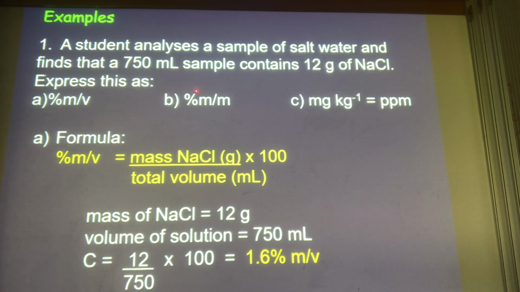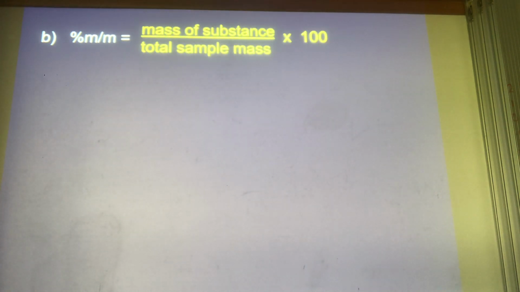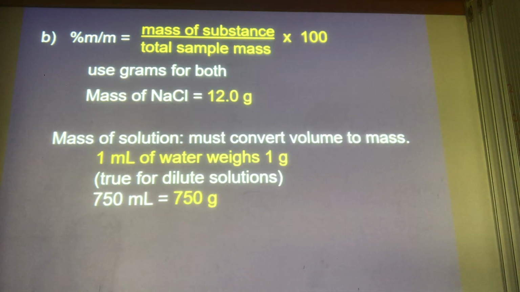Now our next one, it's similar units, but this time instead of being mass by volume, it's mass by mass, percentage by mass. So the top line's fine. We've still got our 12 grams of sodium chloride, but the total sample mass, 750 mils, we've got to convert that to grams.